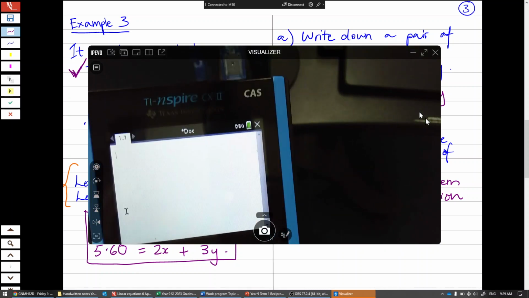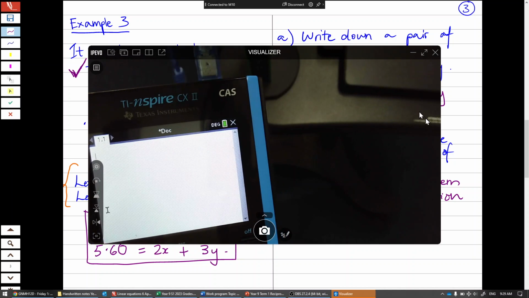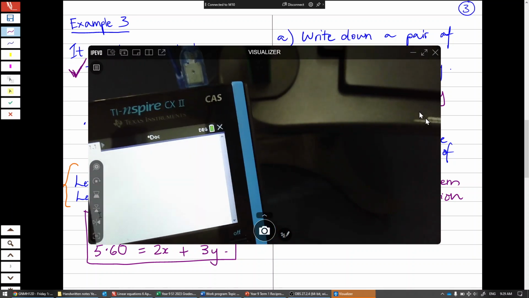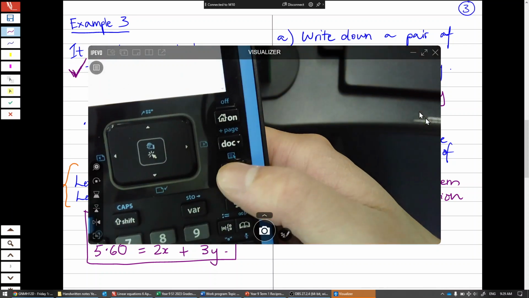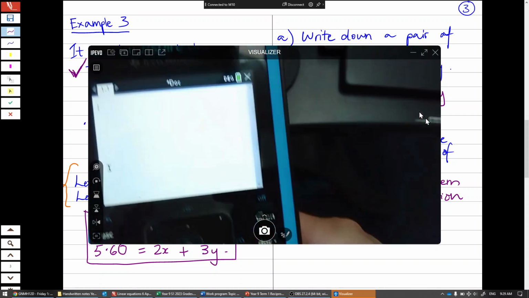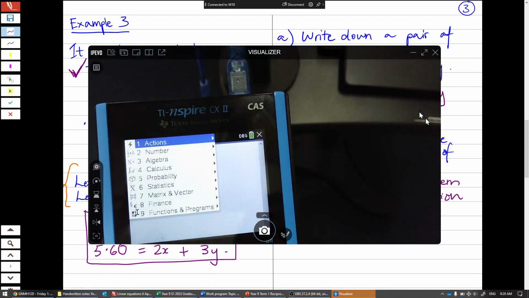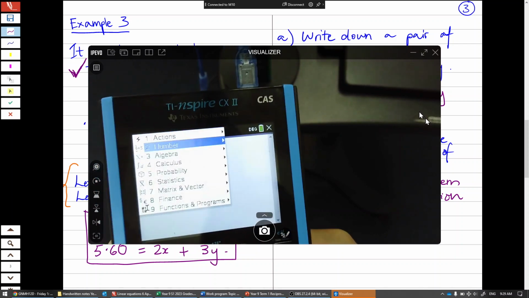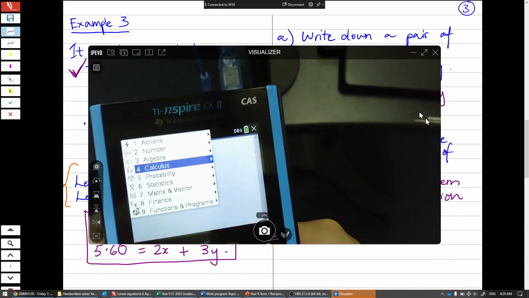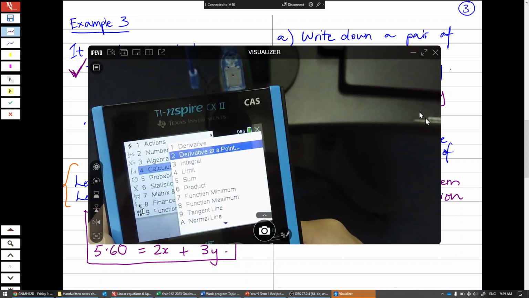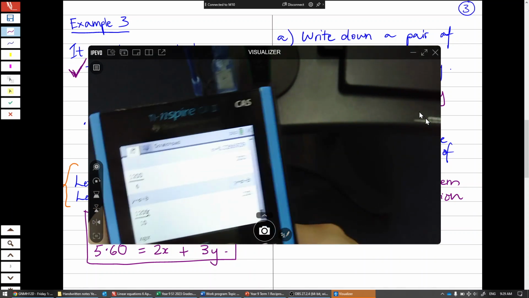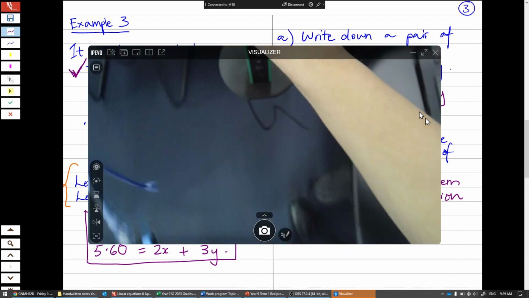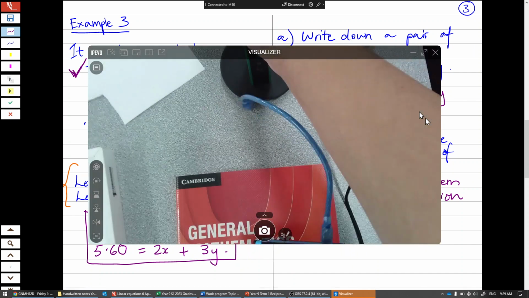Now, does anyone remember how to get to menu? So there's literally a button that says menu here where my thumb is. Menu. Algebra. System of equations. Solve the linear equation. Sorry, it's actually quite hard to hold the mouse.